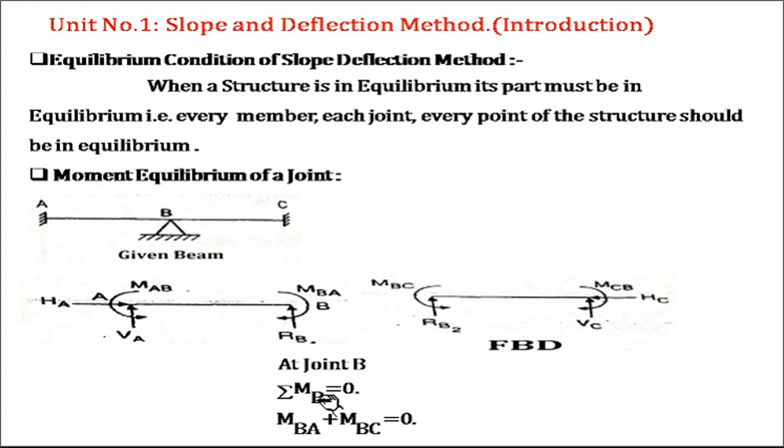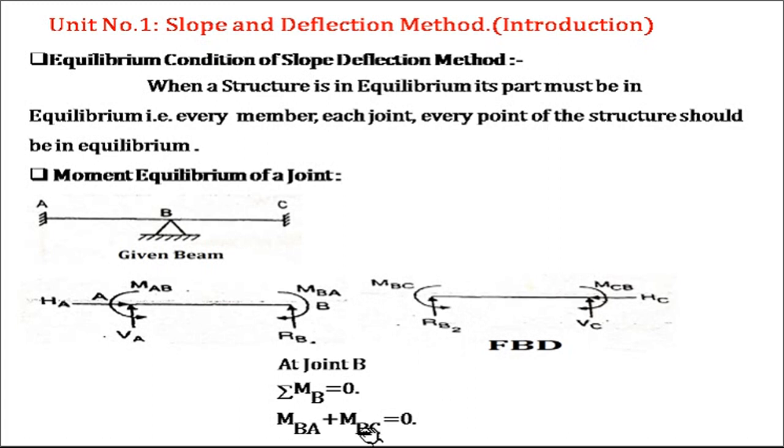So the summation of moment at B should be equal to 0, which is nothing but the moment in member BA will be the same as that of the moment in member BC, but having the opposite direction.